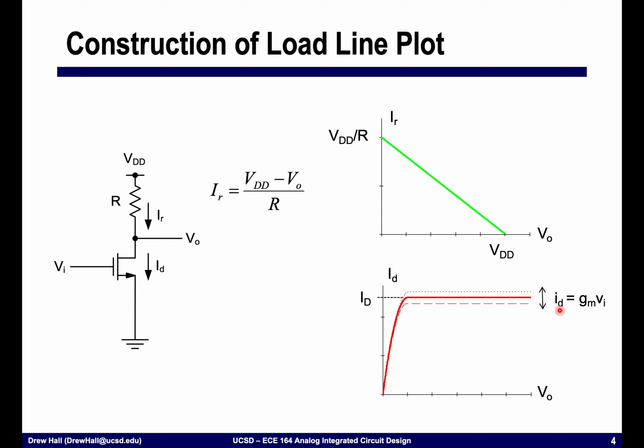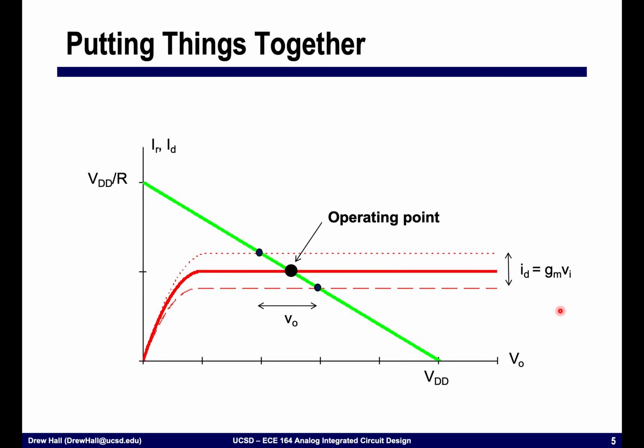If I put these two plots together, where they intersect is the operating point of the device. So with this particular value of R, this is where the transistor is going to have its DC operating point, and any change on the input is going to move us this way or this way on our load line.